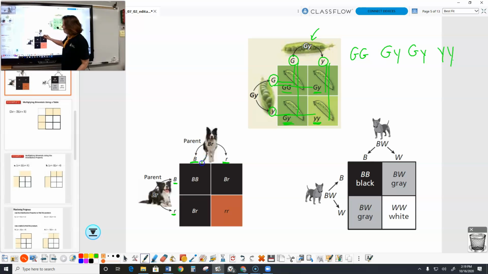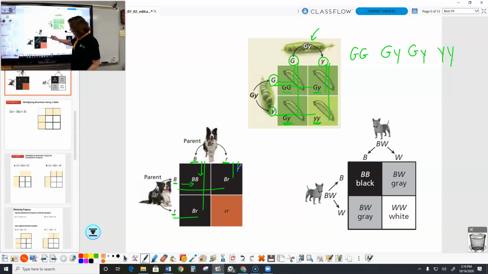All right, so we take one from here, and we take one from here, and we get big B, big B. We take one from here and one from here, and this one's going to be big B, little r. Okay, we take one from here and one from here. We get big B, little r.